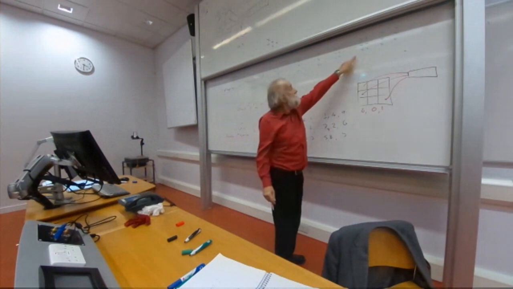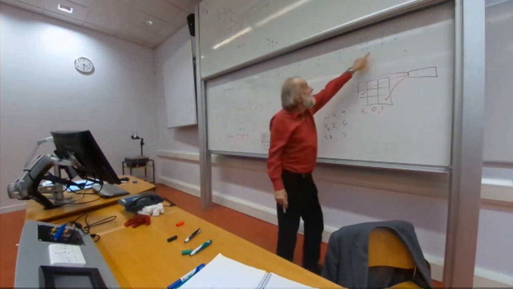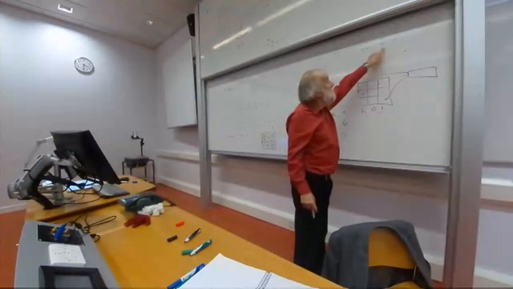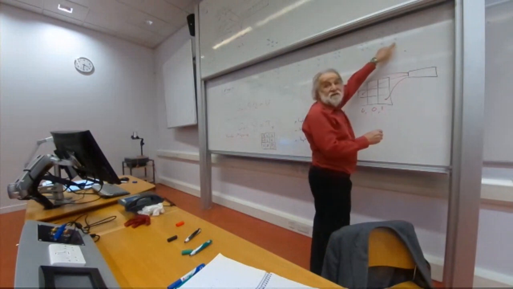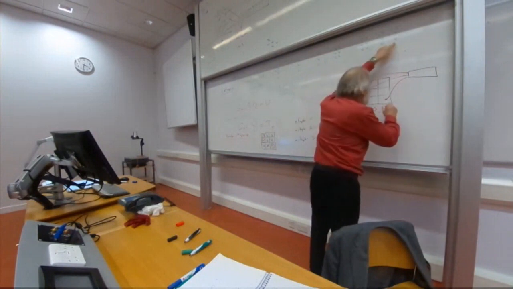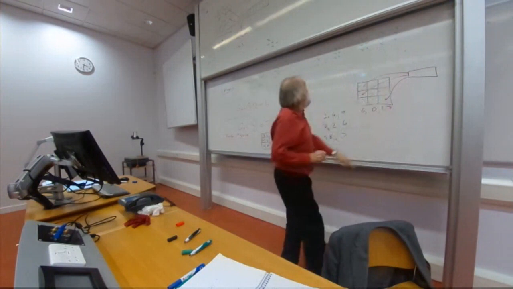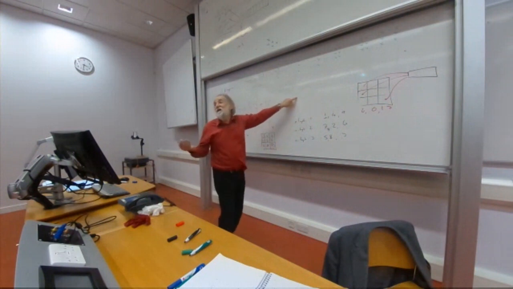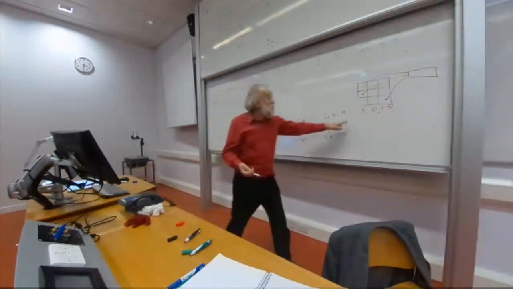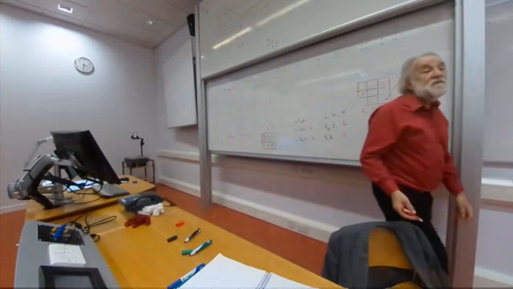No new information. This one? 1. We've got it. Next one? 8. 7. Ah, that's a new one. This one? 7. Got it. This one? 0. Got it. So we've only got 4 allowable states.